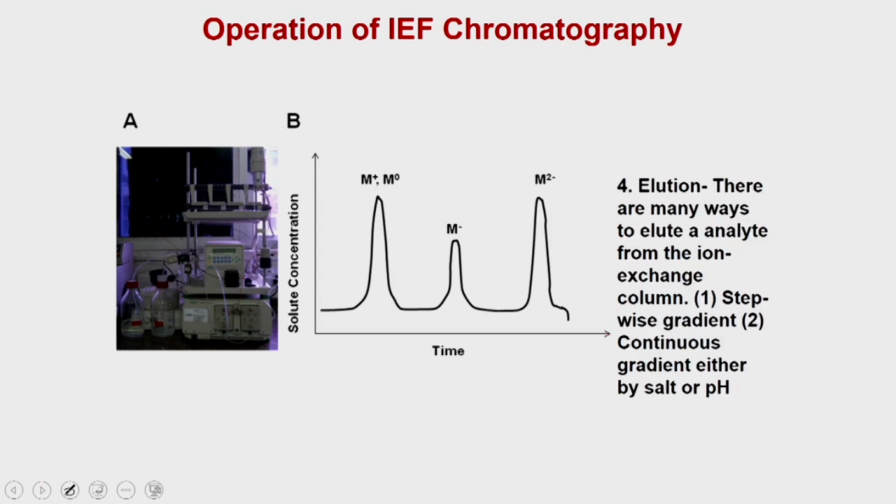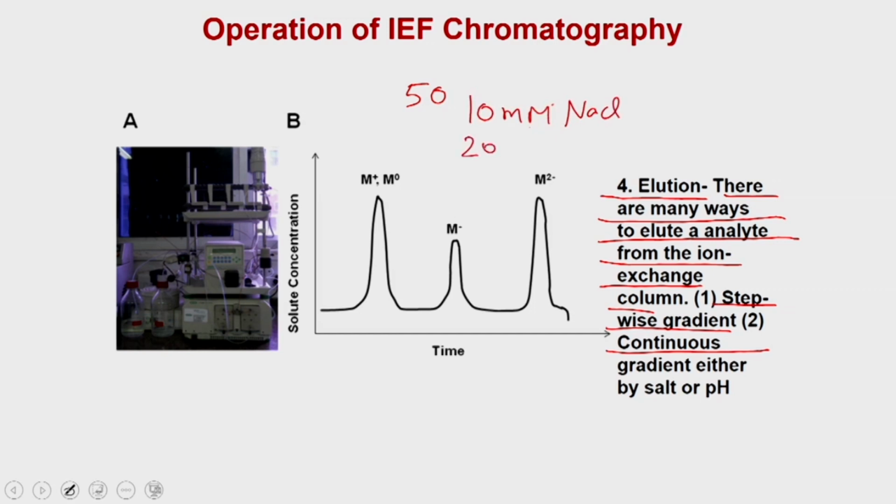Then the fourth step is, once the protein binds to the column, you can use the elution. There are many ways to elute analyte from the anion exchange column. One is the stepwise gradient, the second is the continuous gradient. Stepwise gradient means that you elute the column in very discrete steps, for example, 10 millimolar NaCl, 20 millimolar NaCl.